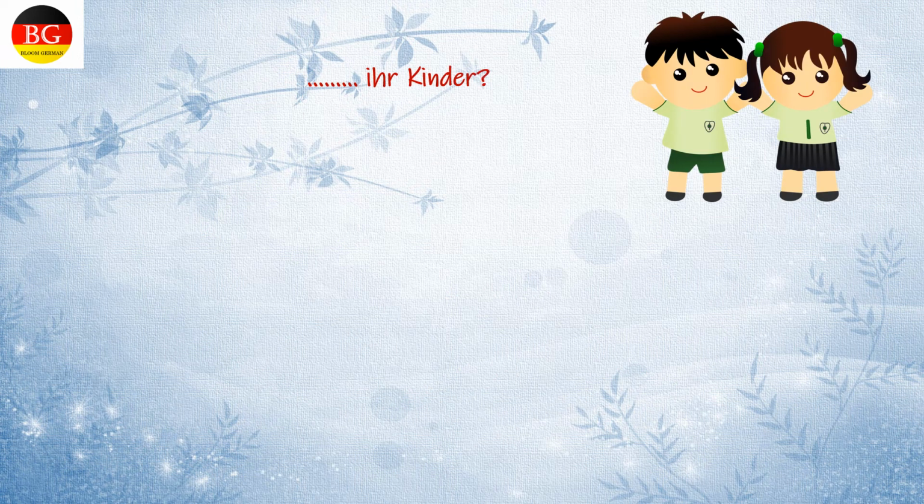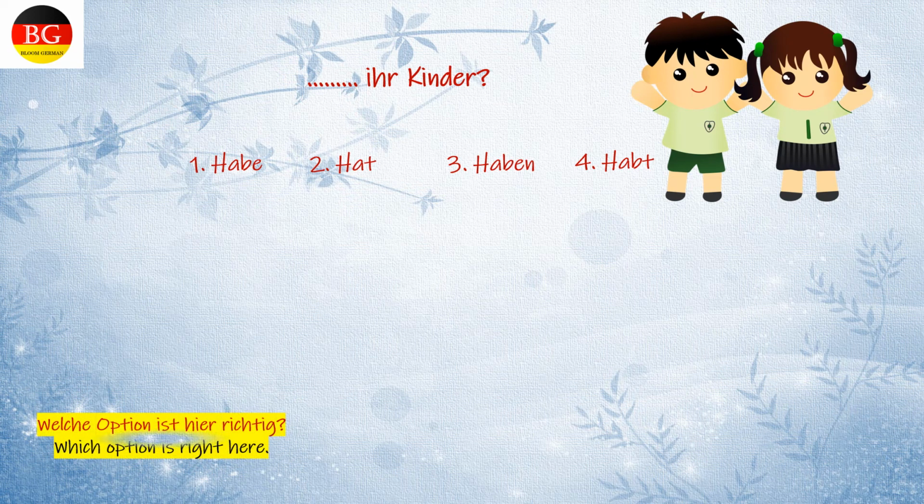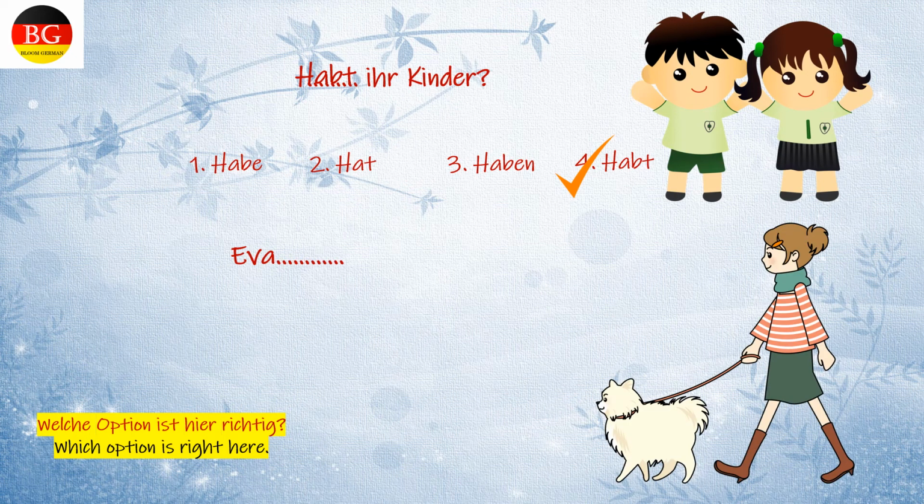___ ihr Kinder? Options are habe, hat, haben, habt. Welche Option ist richtig? Yes, you all are correct. The correct answer is habt.